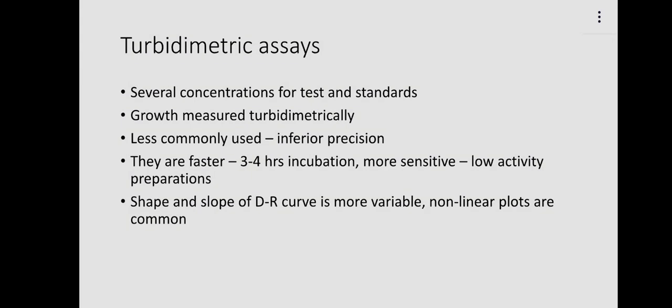It follows the same protocols whereby several concentrations for the test and standards are applied, and then the growth of microorganism is determined by measuring the change in turbidity of the broth. This can be achieved by use of nephelometry or spectrophotometry.